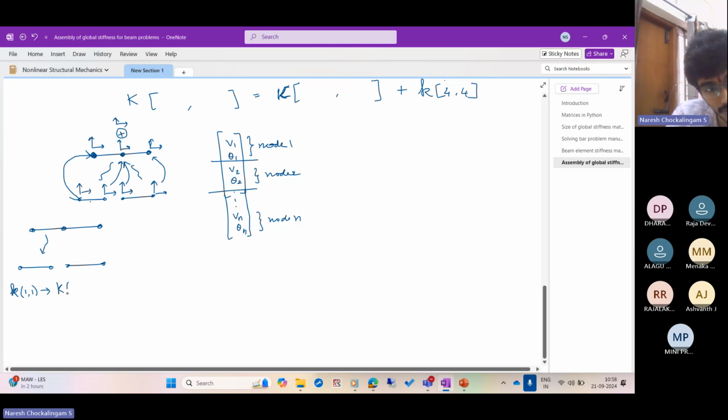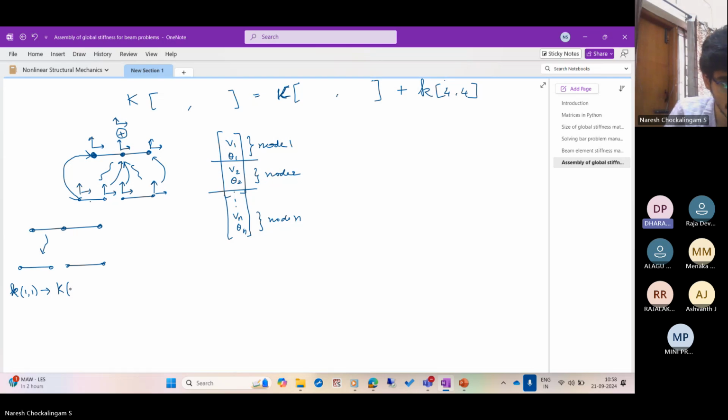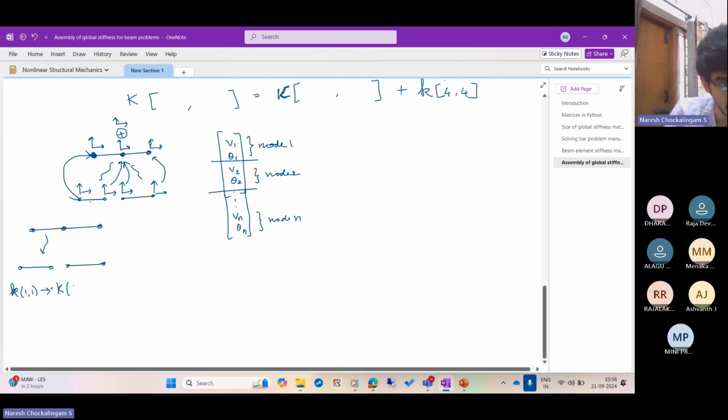Capital K of 0,0, but it's like node 1 comma node 1.